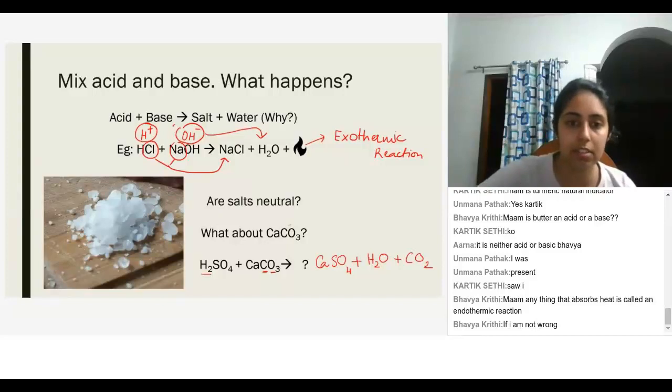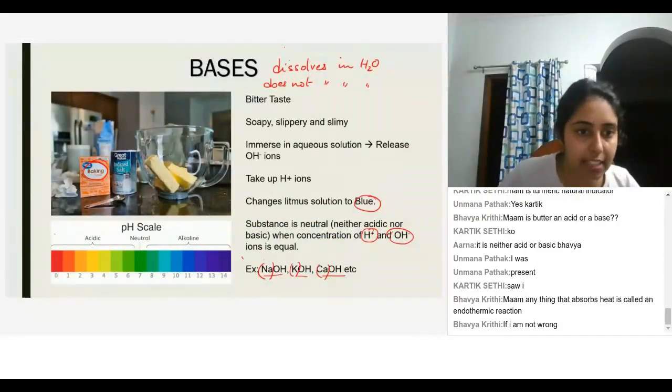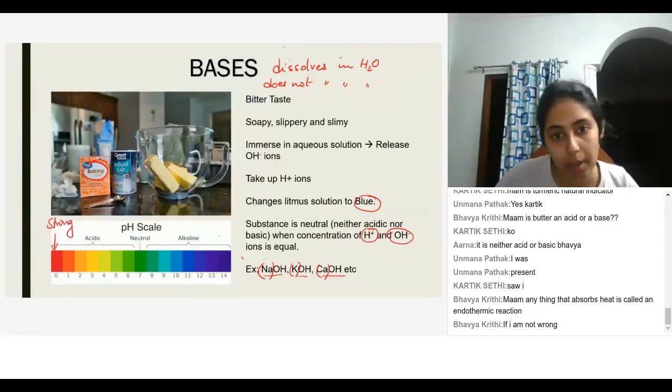So let us go back and look at the pH scale. All right. So we have a pH scale over here, and this is a strong acid. This is a strong base. When these two combine, they will produce a salt which is neutral.